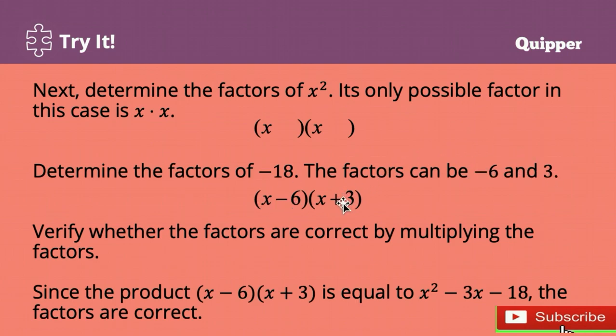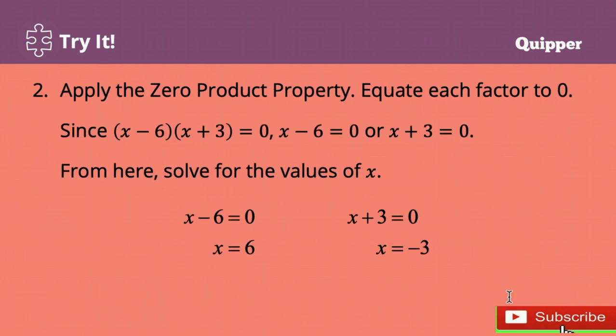We'll be using addition. Next is verify whether these factors are correct by multiplying the factors using the FOIL method. Since the product of these two factors, x minus 6 times x plus 3, is equal to x squared minus 3x minus 18, then the factors are correct.